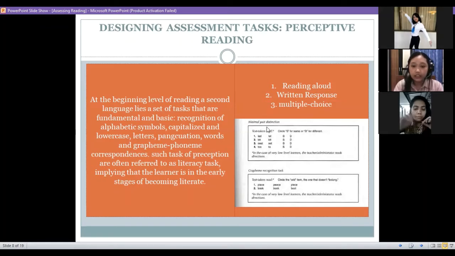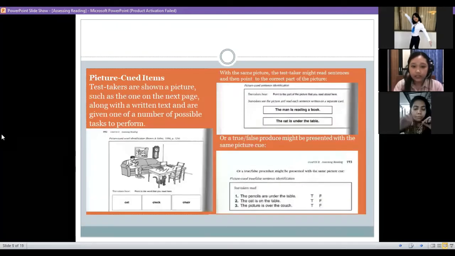And this is the example of multiple choice. And then the next is picture-cued items. Test takers are shown a picture such as the one on the next page along with a written text and are given one of a number of possible tasks to perform.